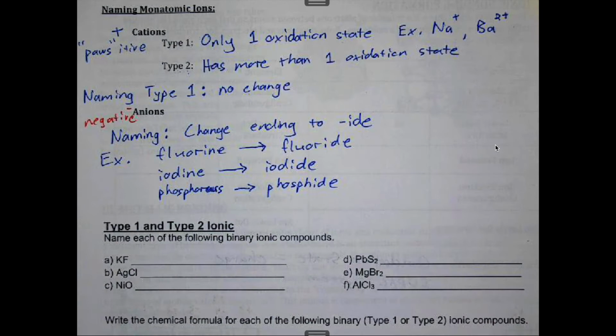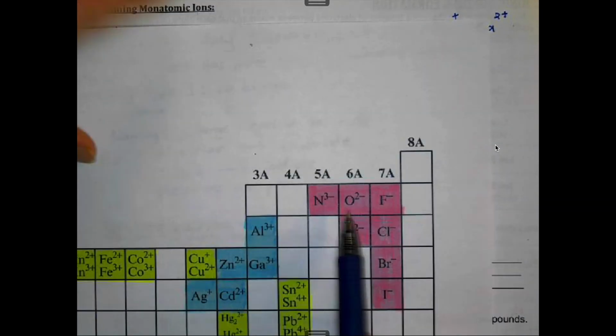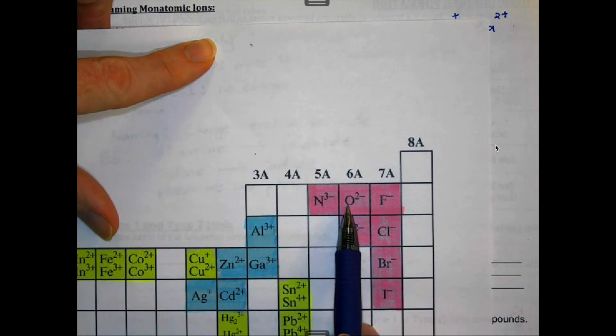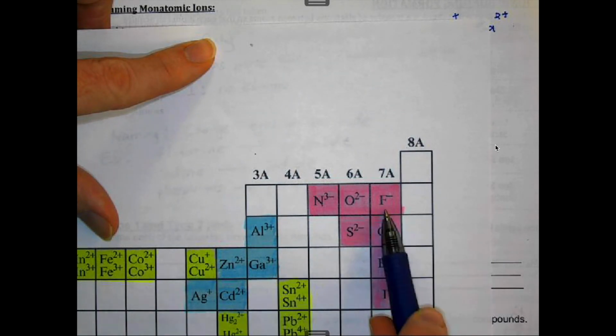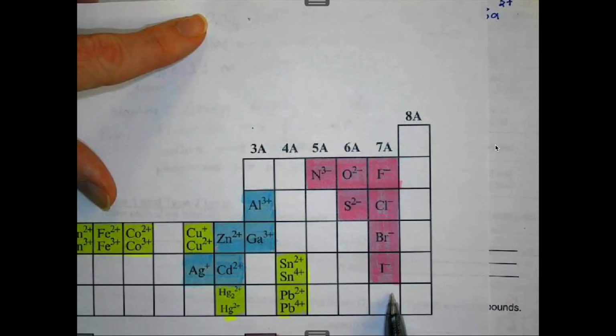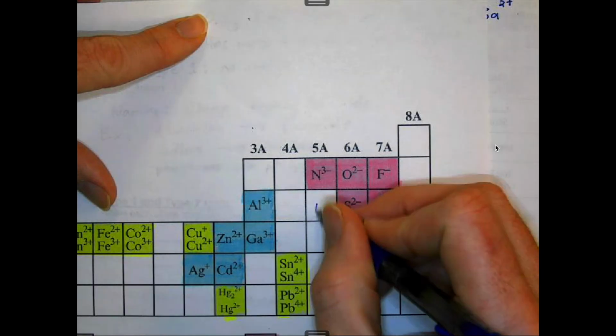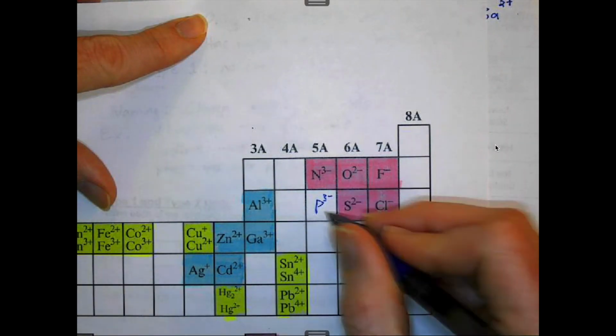Okay, did I cover them all? Nitrogen goes to nitride, oxygen goes to oxide, sulfur goes to sulfide, fluorine goes to fluoride, chlorine goes to chloride, bromide, iodide, and we forgot phosphorus. Phosphorus is here, so that'd be phosphide.